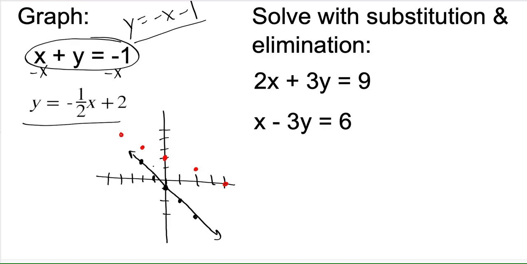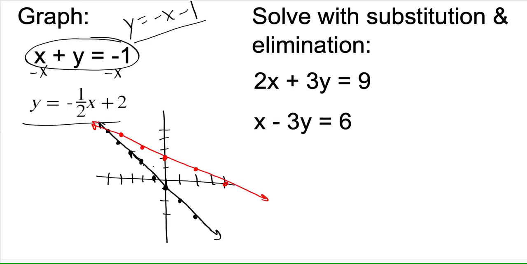And I need to continue my other line. Okay, so we were here, up 1, back 1, up 1, back 1, up 1, back 1, up 1, back 1. And we're going to hit right about in here. I didn't give myself the best lines to go with here.